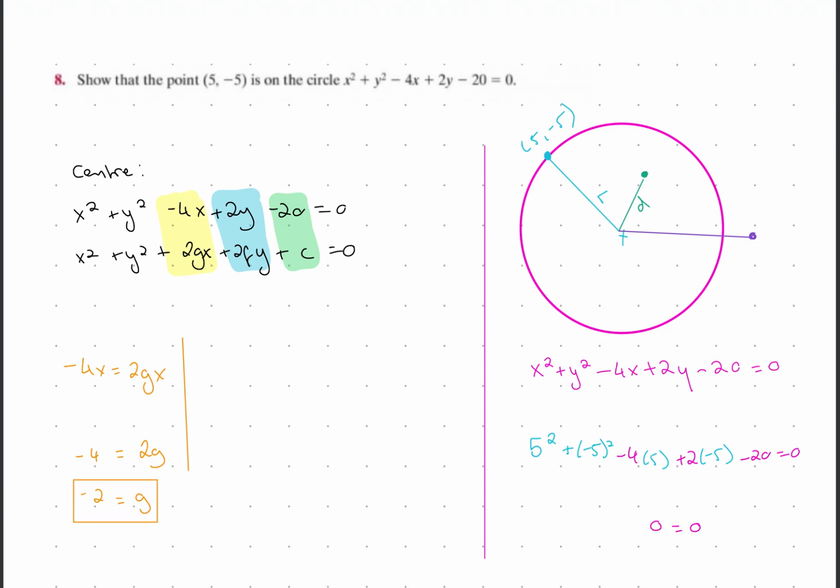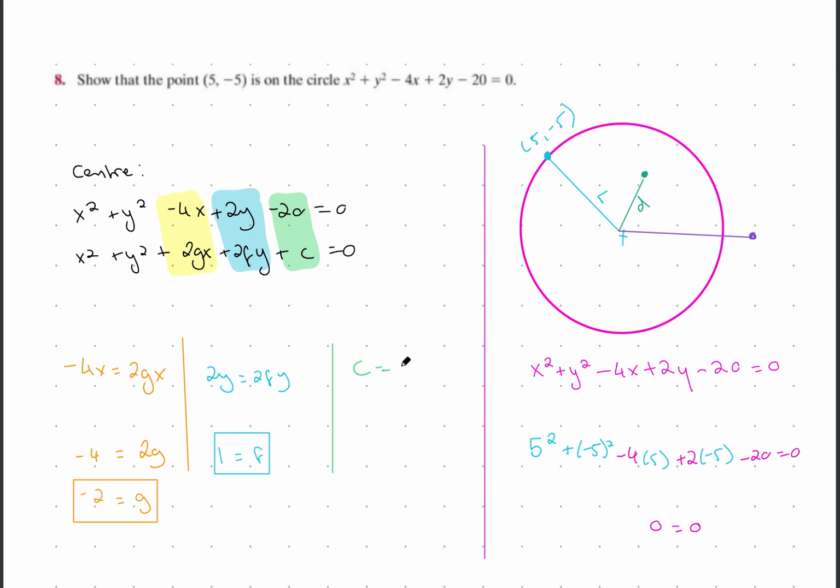Then I'm going to have 2fy and 2y, so 2y is equal to 2fy, so divide both sides by 2y. Let's speed up the process, and we're going to get 1 is equal to f in this scenario. Okay, I can also write down, just to see if that helps, c is equal to minus 20.